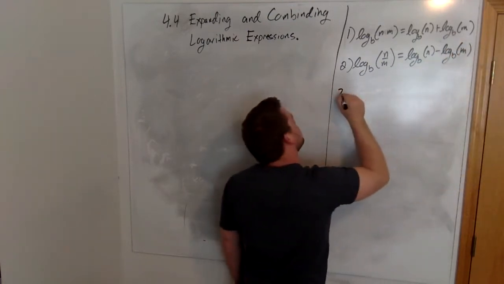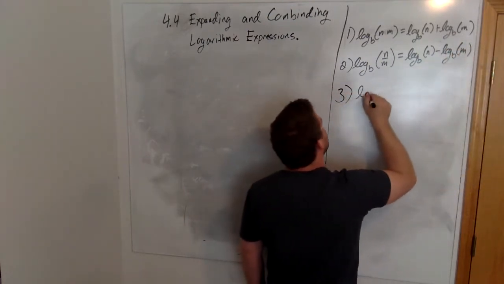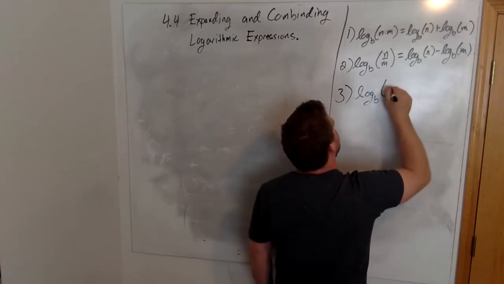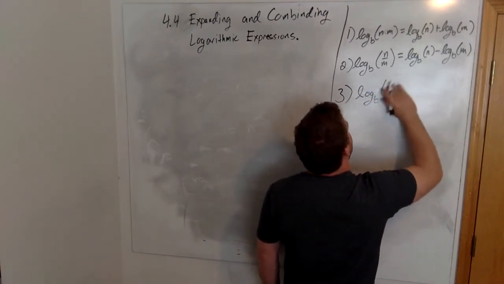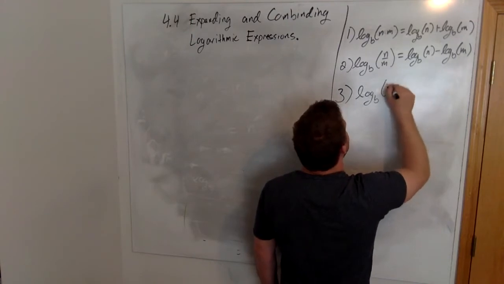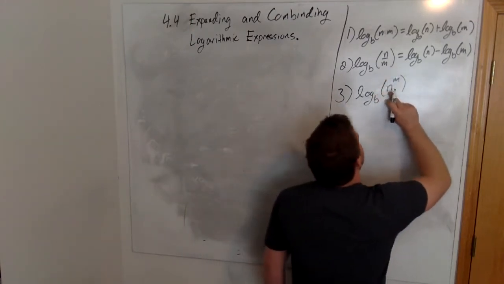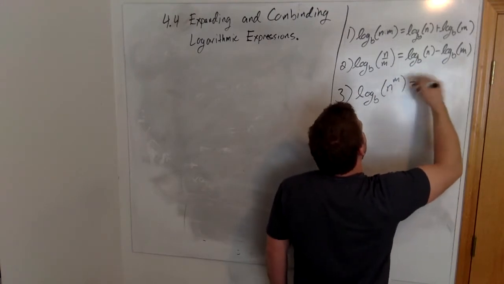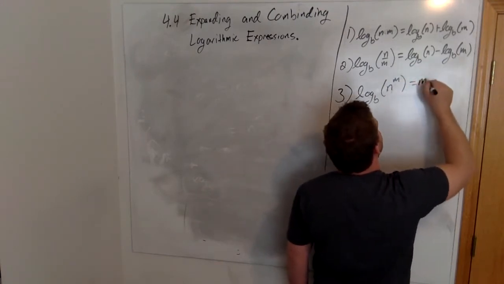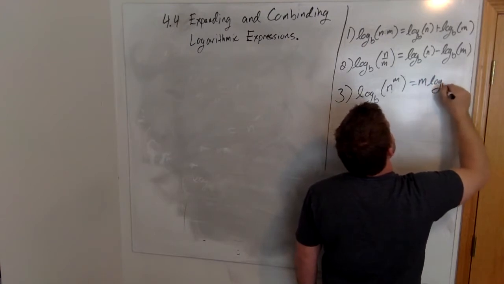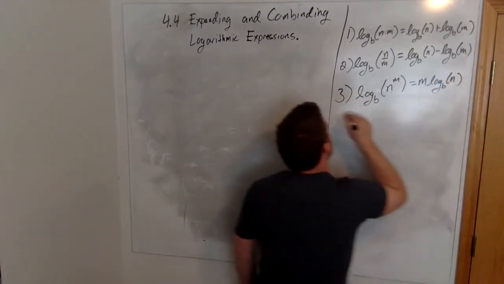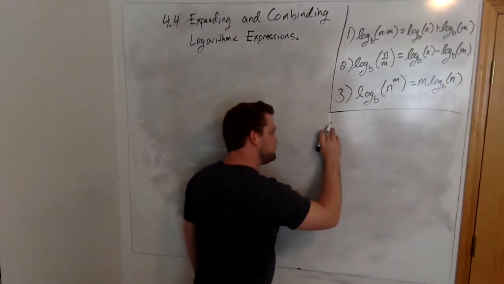And the third one, the star of the show. I don't know if it was m to the n or n to the m, it doesn't really matter, it works both ways. Let's do n to the m. Raising something to a power, powers correspond to multiplication. Okay, there we have it, our 3 log rules.